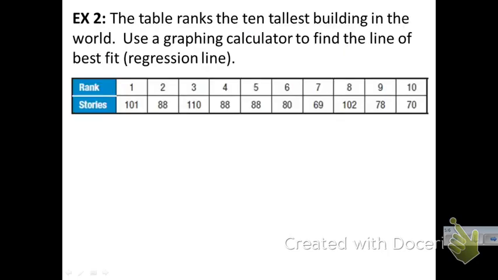Example 2 says, the table ranks the 10 tallest buildings in the world. We've actually used these numbers on a different set of notes. But anyway, we're going to use a graphing calculator to find the line of best fit. So what you need to do in your calculators is store the rank as list 1 and store the stories as list 2. Remember, to store them, you have to go to Stat and Enter.